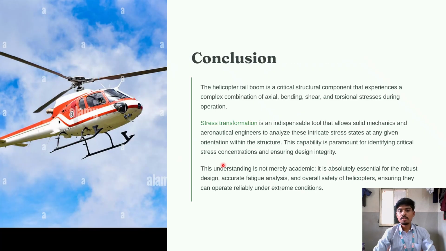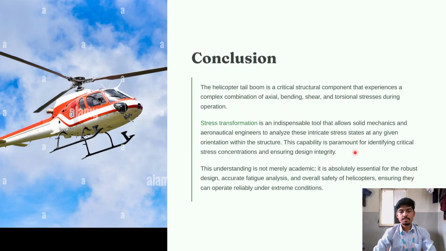So the conclusion we get is that the helicopter's tail boom is a critical structural component that experiences a complex combination of axial, bending, shear, and torsional stresses during operation. Stress transformation is an indispensable tool that allows solid mechanics and aeronautical engineers to analyze these stress states at any given orientation within structures.